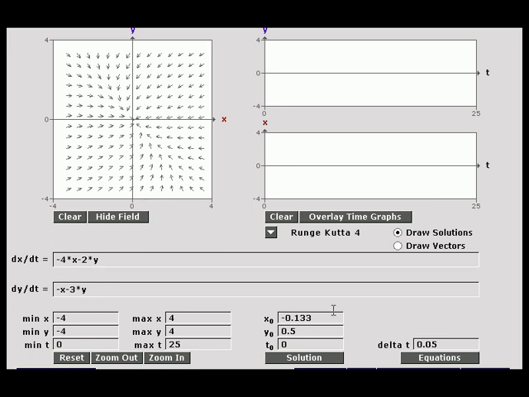If you start at 0, 0, of course you stay there. Any equilibrium point, if you start there, you stay there. That's the definition of equilibrium point. But what we're interested in is what happens if you start close to it. As a matter of fact, the 0, 0 is always an equilibrium point for these problems, and it really doesn't matter if it's a sink. You can start as far away as you want, and it'll get sucked in.